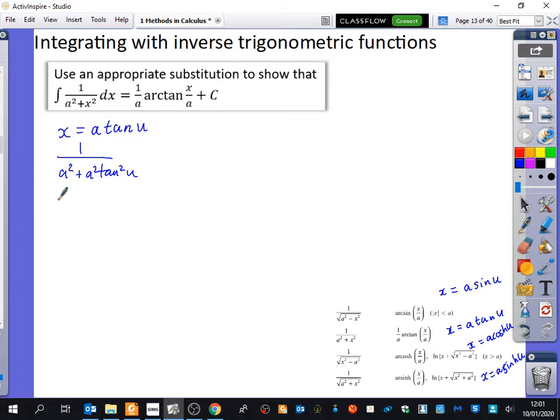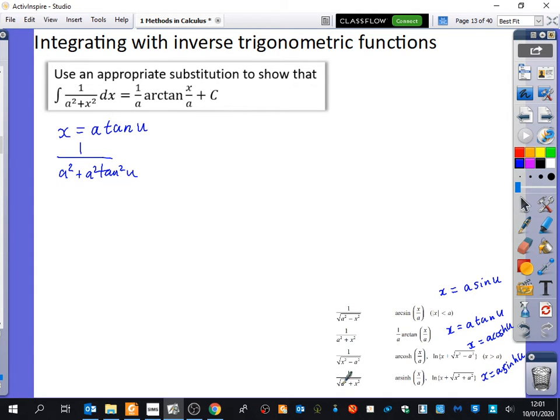This is the reason that we use tan u here, because you get the 1 plus tan squared identity coming up. And in this one that we've got down here, we will look at these later, you will get the square root of 1 minus sine squared, which is a nice identity. This one you'll get, down here, the square root of cosh squared minus 1, which we know is sinh squared.